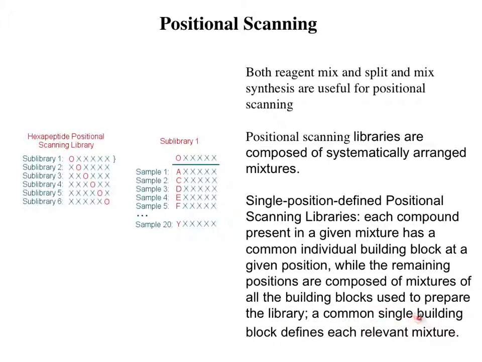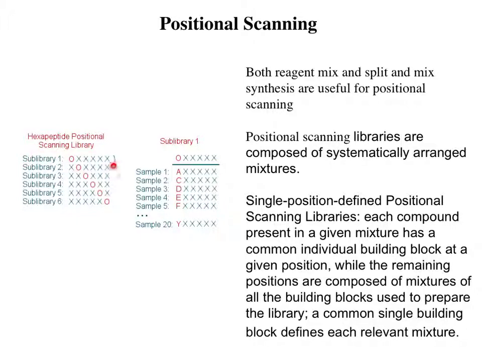A common single building block defines each relevant mixture. So if we look at a hexapeptide positional scanning library, the O's represent the amino acid that doesn't vary, and then the X's represent just the varied amino acid.